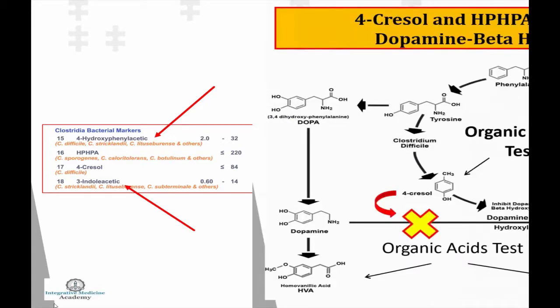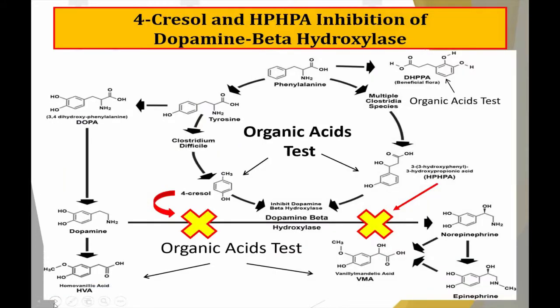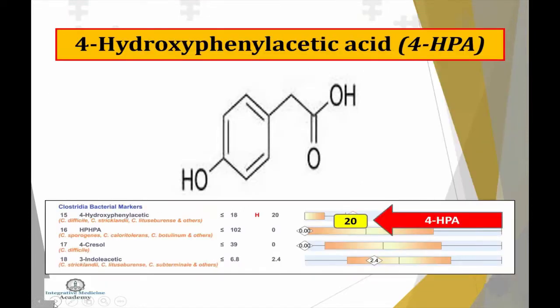Dopamine elevated beyond its normal level breaks down into different toxic compounds and is stressful to the brain and nervous system. So it's known that HPHPA and cresol can do it. It's suspected that even something like 4-hydroxyphenylacetic acid will likely inhibit that enzyme too. But again, it's not as commonly seen as the other two.